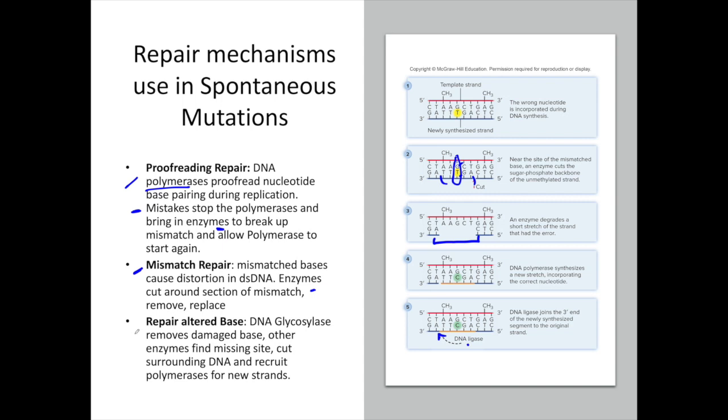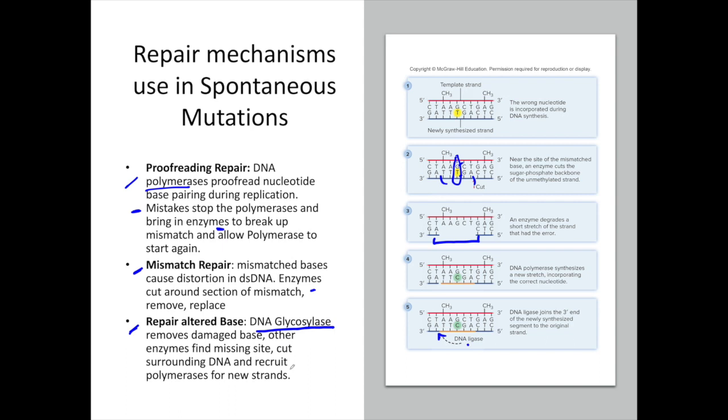The last form here on this page for spontaneous mutations is repair of an altered base. In this repair, there's a specific enzyme called DNA glycosylase. DNA glycosylase will remove a base that has been damaged. So in this case, it's not that there was a mistake made during base pairing, but perhaps during replication or maybe during gene expression, transcription, something like that.